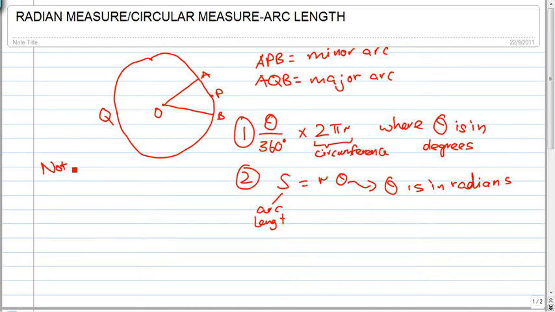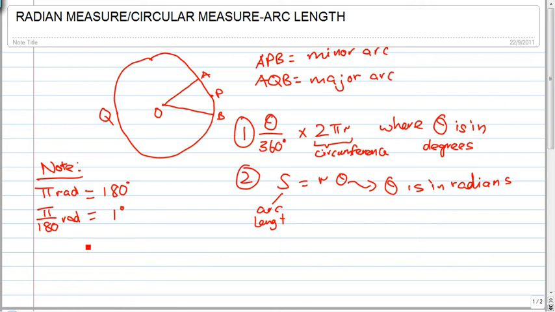When we talk about radians, radians can be converted to degrees, and degrees can be converted to radians. So how do we convert it? Pi radians is equal to 180 degrees, pi rad for short. So 1 degree equals pi over 180 radians.